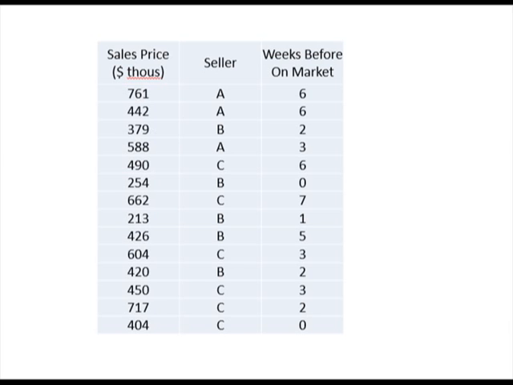To show this intuition, we've got a sample data set here representing real estate prices. We've got the sales price of, I think, about 15 houses. I have a second categorical, or qualitative, variable that is the name of the seller, the realtor who sold the house.